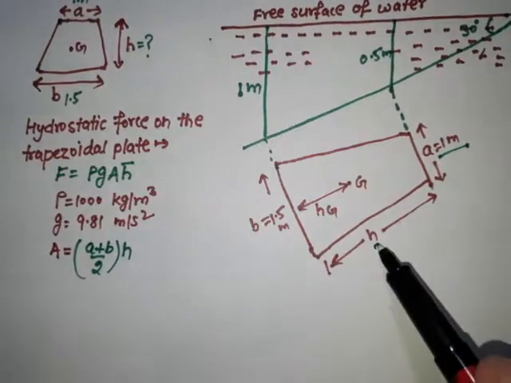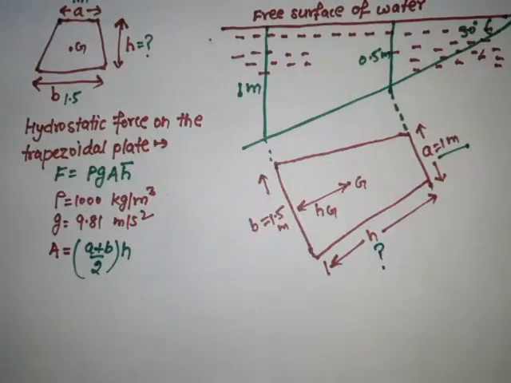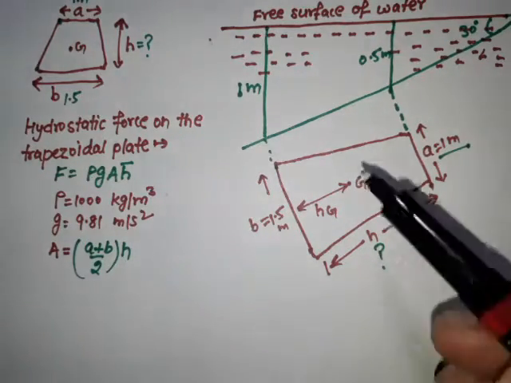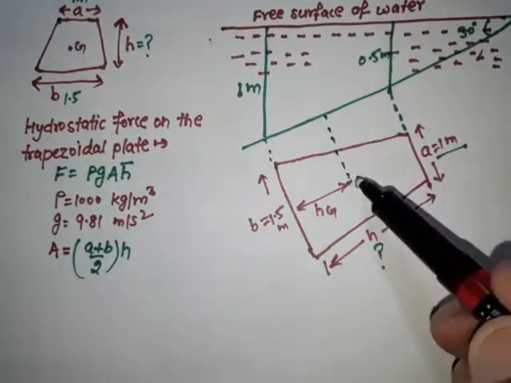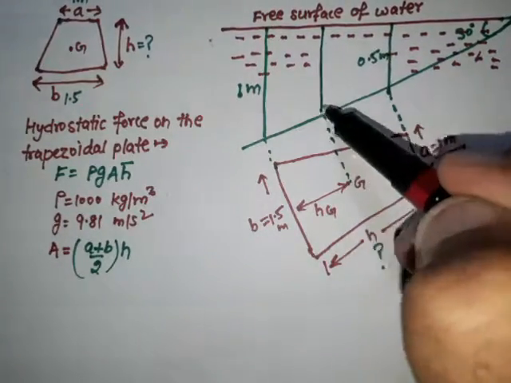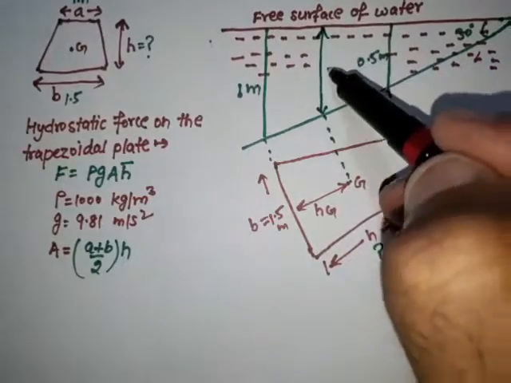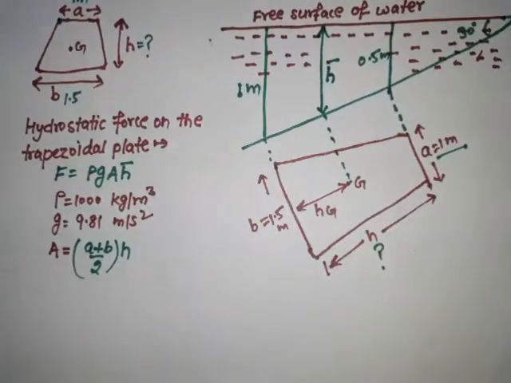So we need to calculate this value for getting the area of the trapezoidal section. And as we know, this is the G point that lies at a distance of h bar from the free surface of liquid.